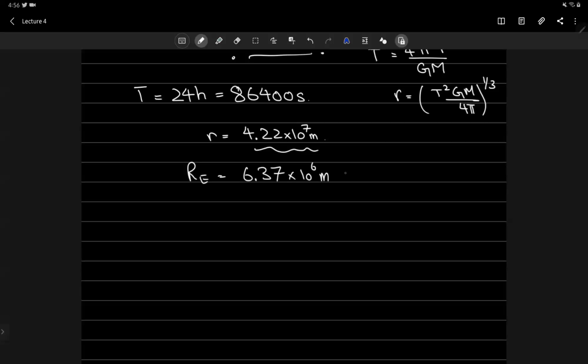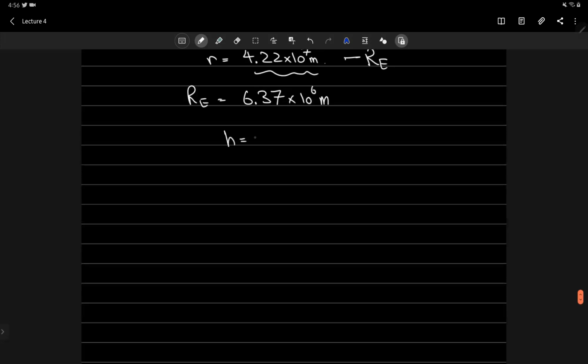All I have to do is subtract this RE, and I would get a height of 3.58 into 10 raised to power 7 meters. So that is the height that the satellite should be orbiting at above the Earth's surface.